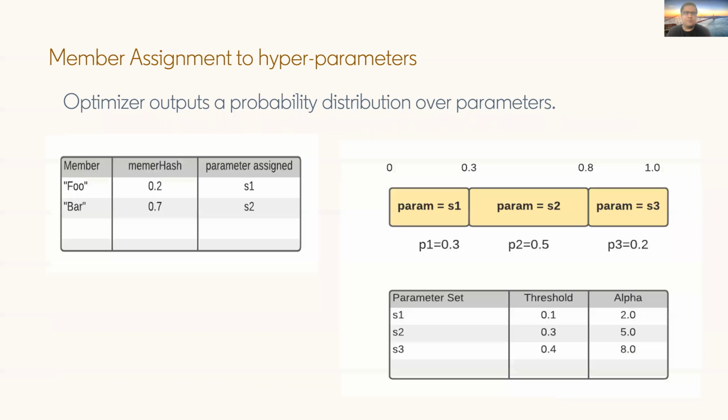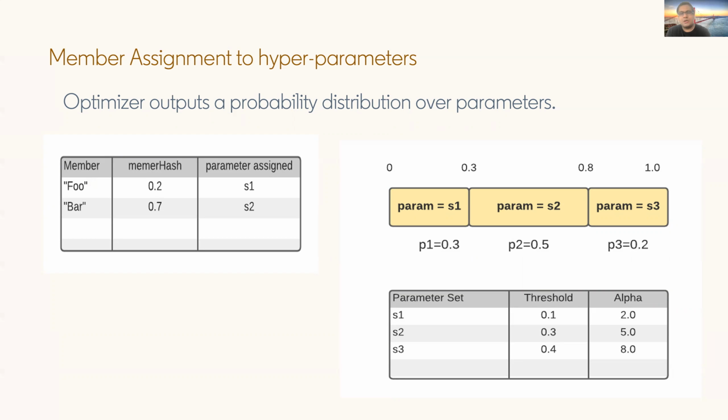So let's look at the example over here. For example, on the left side of the table you have a member foo, and let's say after hashing it resolves to 0.2. Now if you look at the right hand side, at the yellow table, S1 is what you will resolve to, because when you do a binary search, any probability which is less than 0.3 will be assigned the configuration S1.